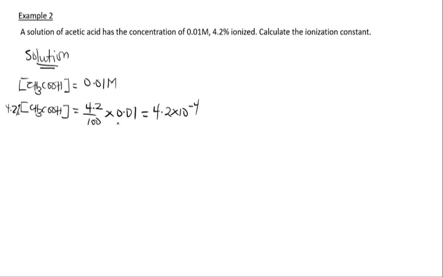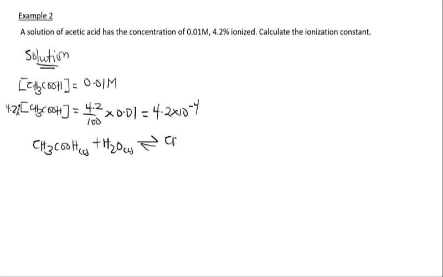Alright, so let's go ahead and write the equation of dissociation of acetic acid. So we have CH3COOH liquid plus H2O, which is also liquid. Then we have the reversible sign.